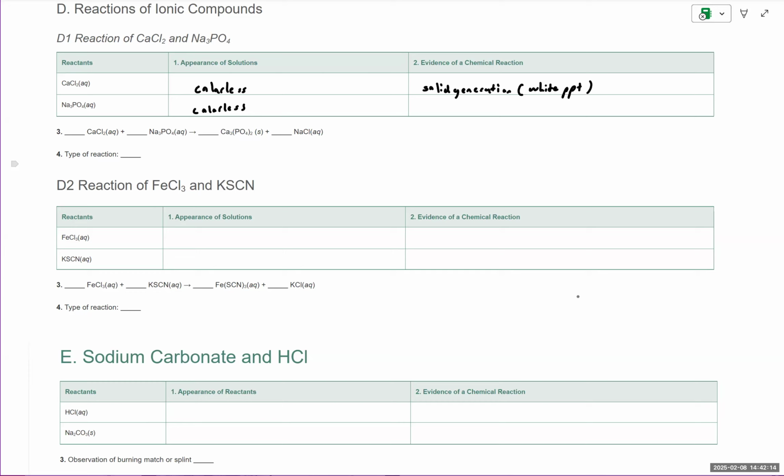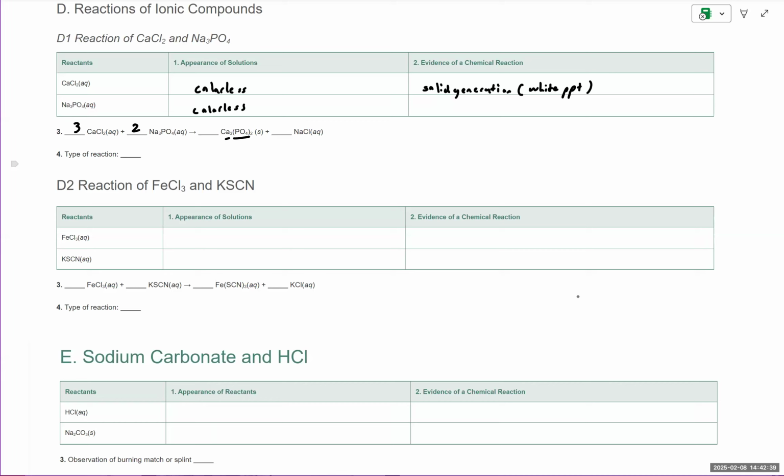In terms of balancing this equation, we have to balance the number of each ion. We have two phosphates on this side, so we need two sodium phosphate to balance phosphate. We have three calciums on this side, so we need three calcium chloride to balance calcium.